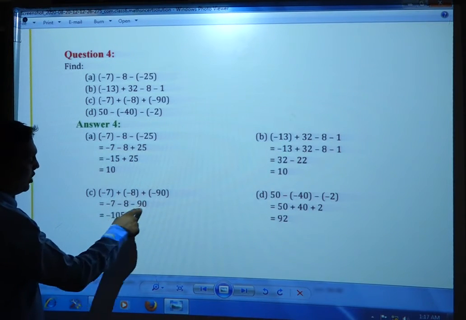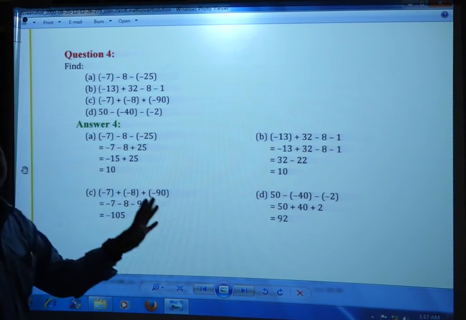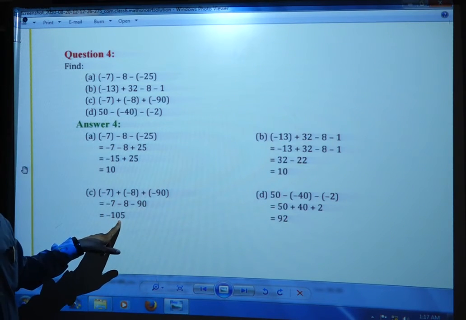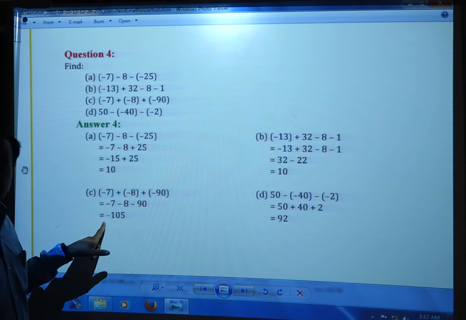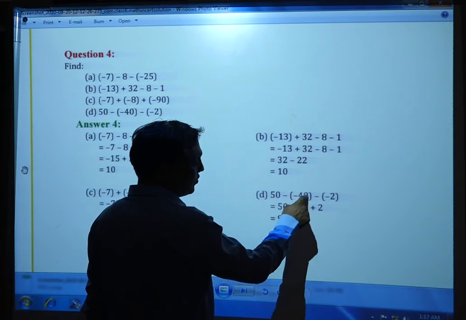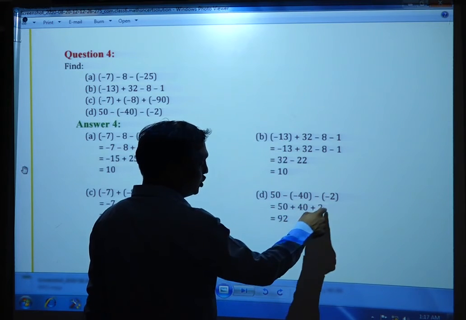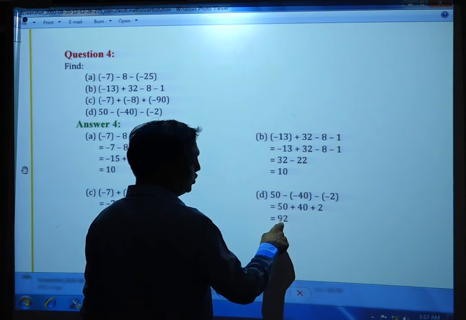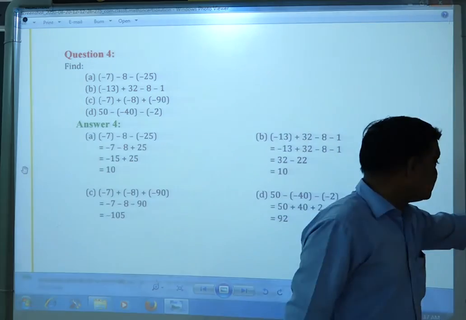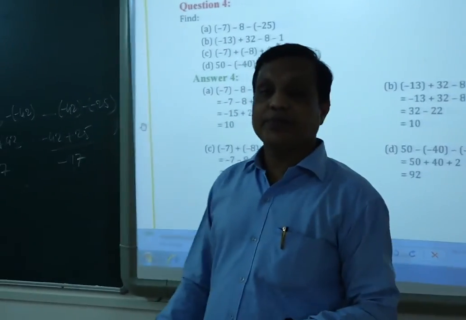If all are minus, then you have to do the addition. When you add this all, it became minus 105 and you have to put the greater number sign. Now here 50 plus 40 plus 2. Add all the numbers, 92. So the answer is 92.